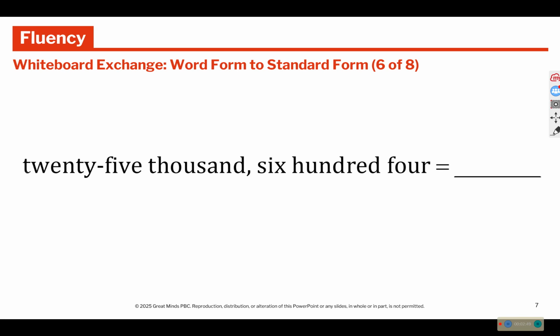Since 25,000 is more than 10, we need to introduce the 10,000s place. Check your answer in 3, 2, 1.